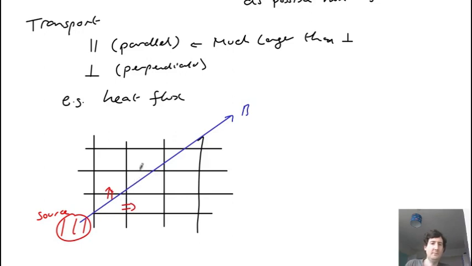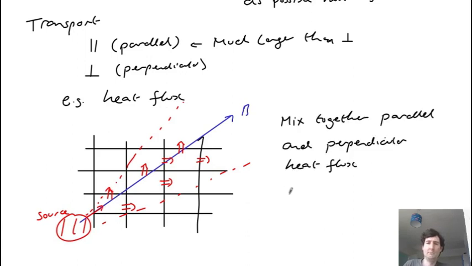So the heat flux down this field line instead gets resolved into heat fluxes through these cells in the vertical and horizontal directions. And so the heat flux, which should just go along the field lines, ends up essentially spreading sideways. So you end up mixing together the parallel and the perpendicular heat fluxes. And so there's a kind of pollution.